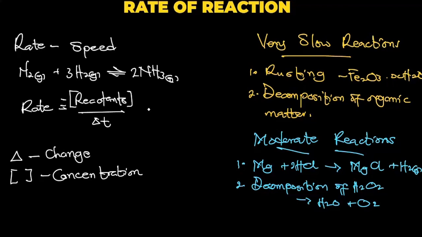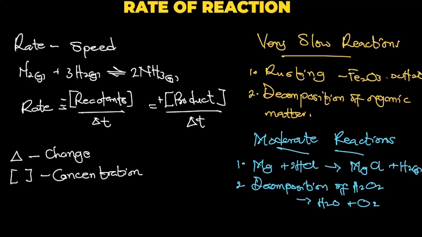Now, this can also be equal to the change in concentration of the product over the change in time. So this is the rate of reaction. This is going to be positive because as the reaction progresses, we expect that the concentration of the product would be increasing.